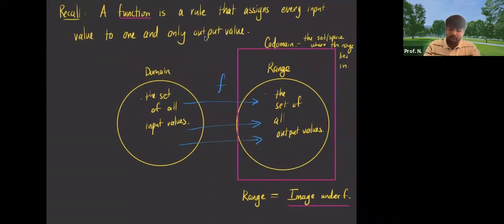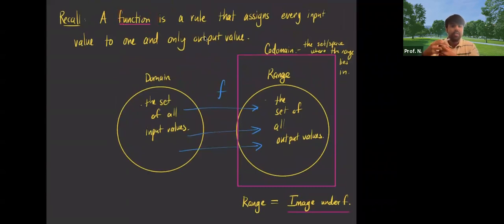Now this word function is being literally transformed to something that's called the transformation. And it takes things in the domain and puts it in what's called the codomain. And in particular, that word range, now we're going to use the word image. And the values associated with the domain, which are the set of input values, we're going to call this the pre-image.